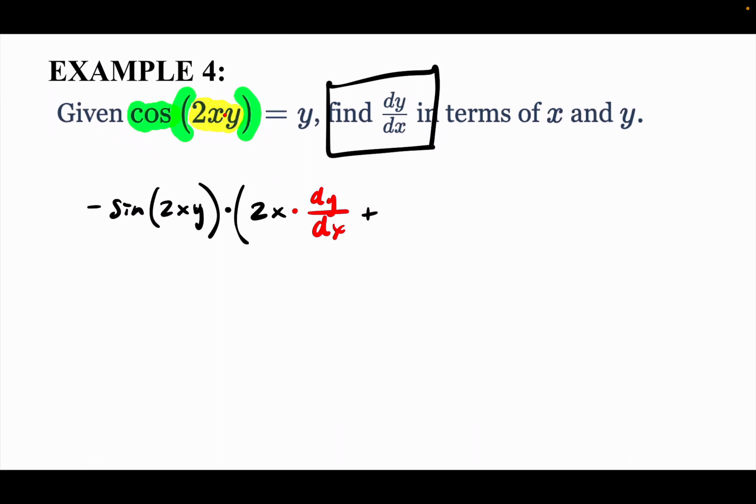Plus, reverse it: the derivative of the first, the derivative of 2x, is 2 times y, equals. The derivative of y is just 1 dy dx.